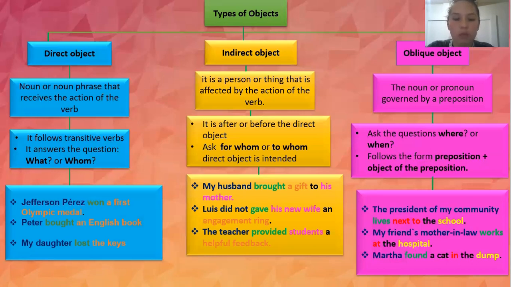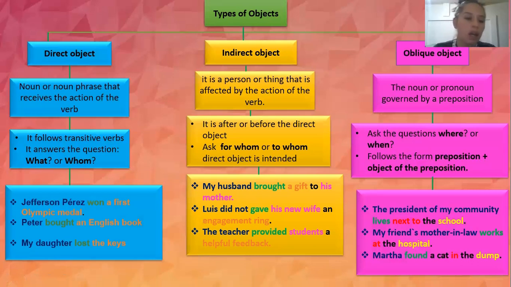If we can remember, transitive verbs are verbs that require a direct object in order to make a sentence with a full meaning. The next tip is that we have to find the verb of a sentence and ask ourselves, what or who?